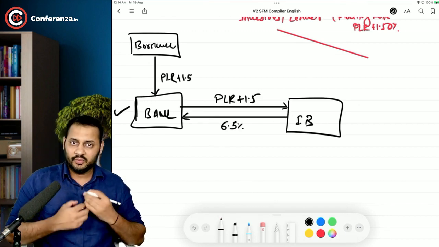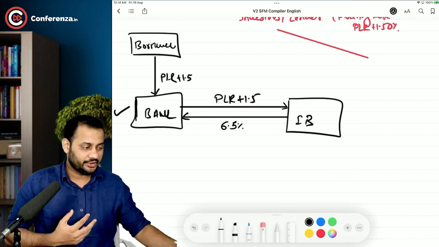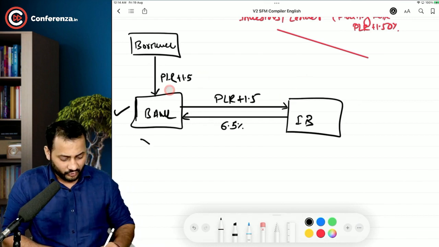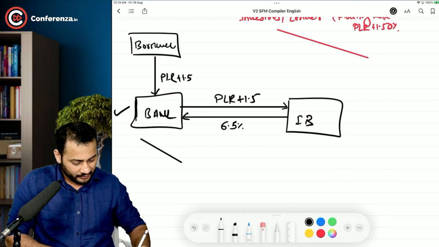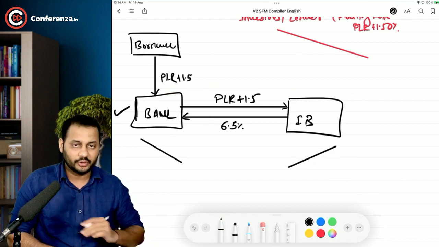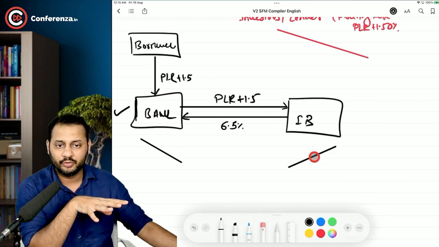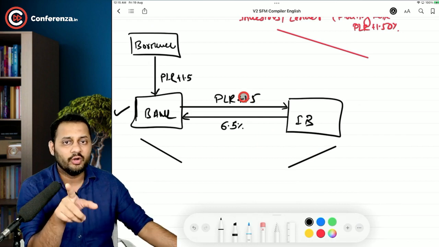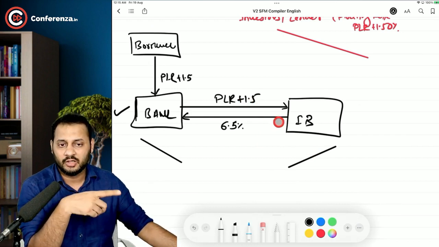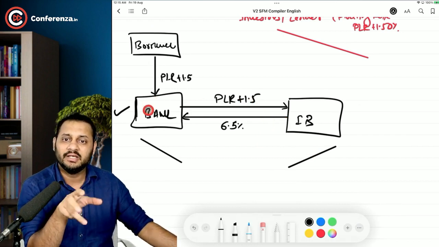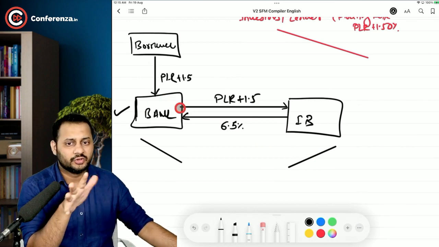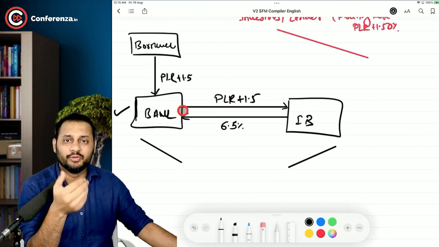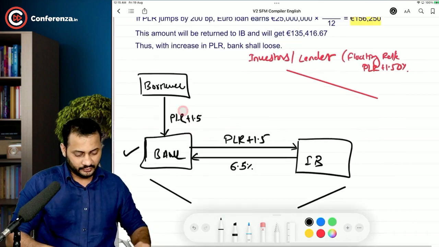Now in this case, what might be the situation? We are scared of the falling interest rate, and IB might be thinking that the interest rates are going to rise. Since interest rates are going to rise, he is going to receive more income according to him, and pay a lesser amount. So both parties have opposite views.